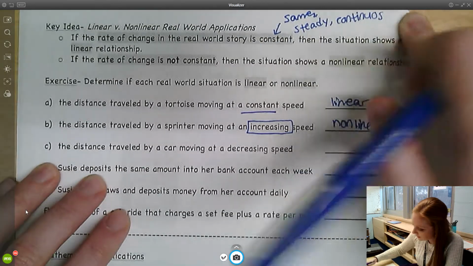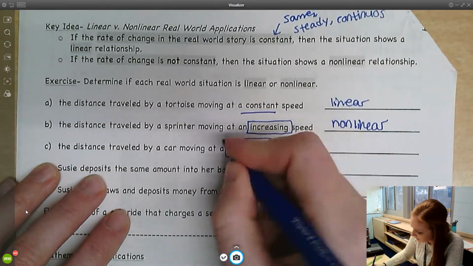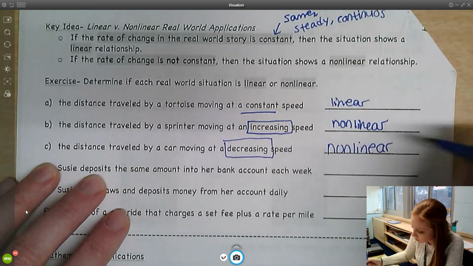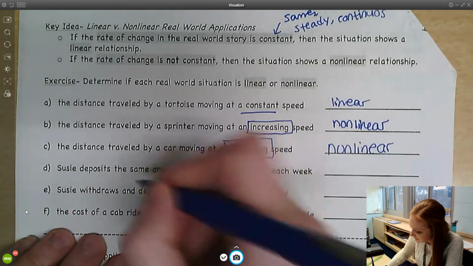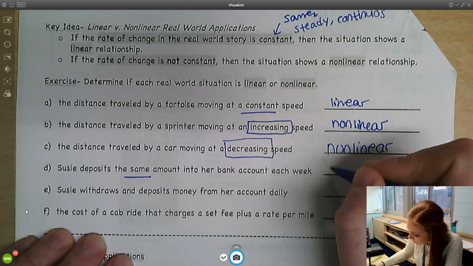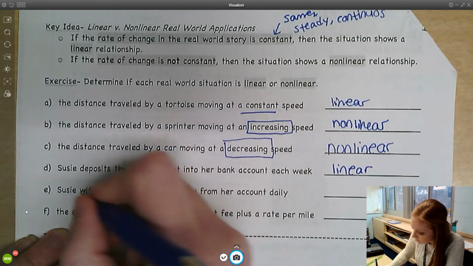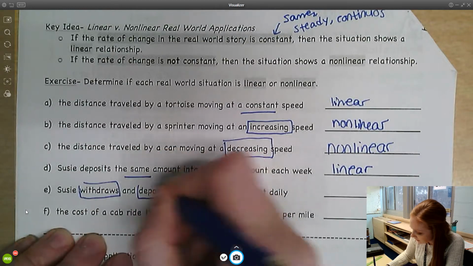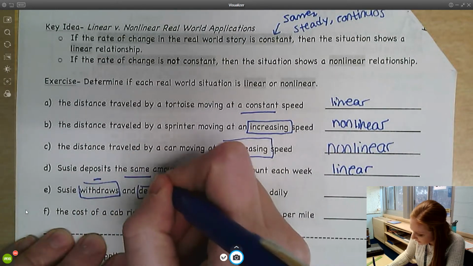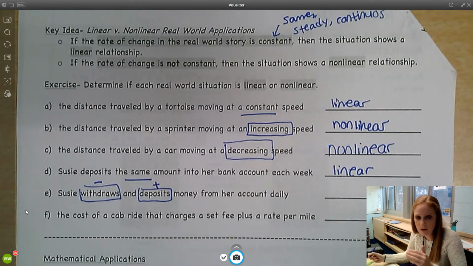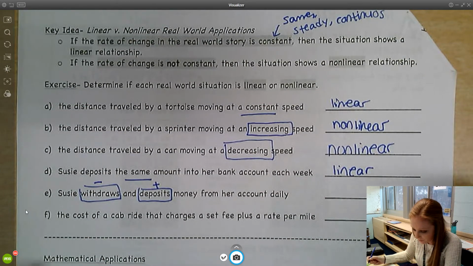The distance traveled by a car is moving at a decreasing speed. Again, nonlinear, not the same rate the whole time. It's getting slower. Susie deposits the same amount in her bank account each week. That's going to be linear. It's the same each week. She withdraws and deposits money from her account daily, taking out money and then putting in money. That's not going to be continuous or the same rate of change. It's going to be going up and down.